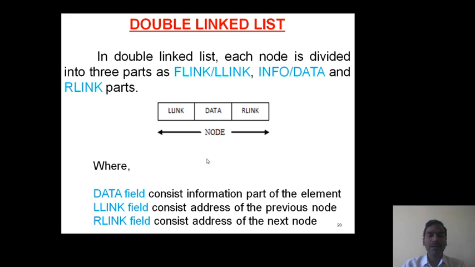The data field stores the information part of the element. L-link stores the address of the previous node. R-link stores the address of the next node of the list. Such a view is known as double linked list format.